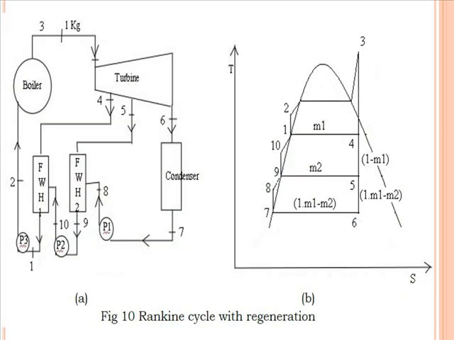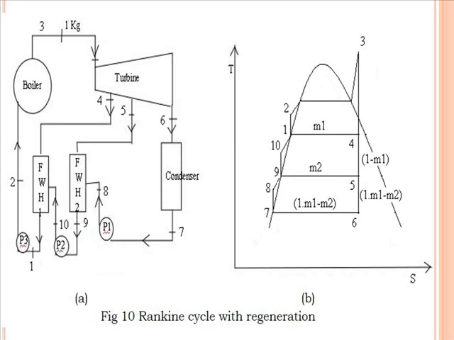Figure number 10a is talking about Rankine cycle with regeneration, where you can see that 1 kg of steam is entering into the steam turbine. At stage 4, some amount of steam, m1 kg, is extracted and will enter into feed water heater number 1.